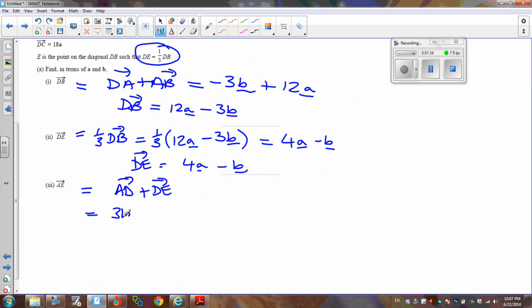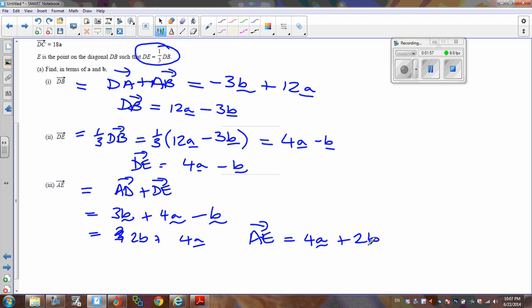So we're going to do 3b plus DE, so I'm just substituting this in here, plus 4a minus b. Well, that's just 3b minus b, that's 2b plus 4a. So the vector AE is equal to 4a plus 2b.